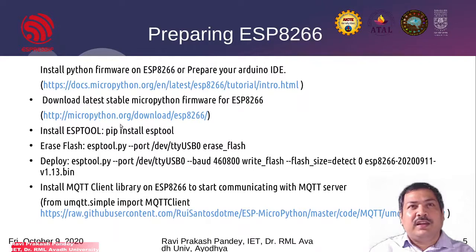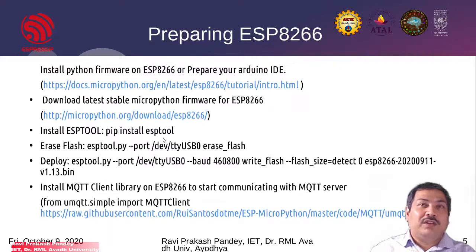That is again available from this URL. Then on your computer, not the ESP board, in this case a Raspberry Pi, you have to install this Python utility called esptool. There are various other tools to write firmware. This one is easier. I showed you another one using Thonny.